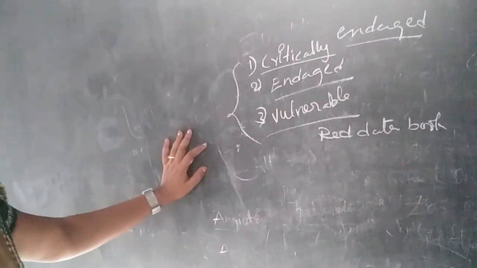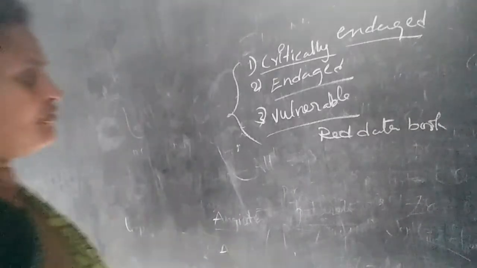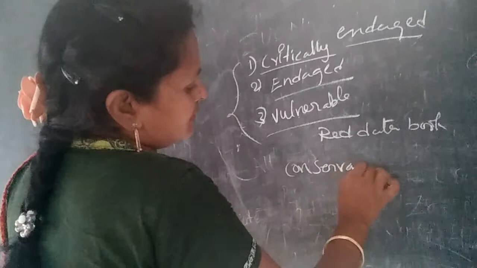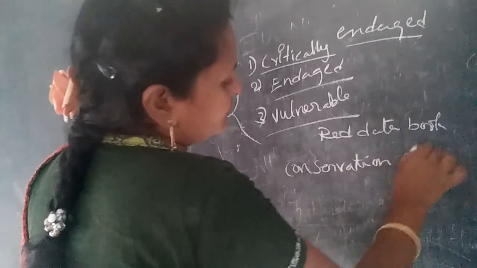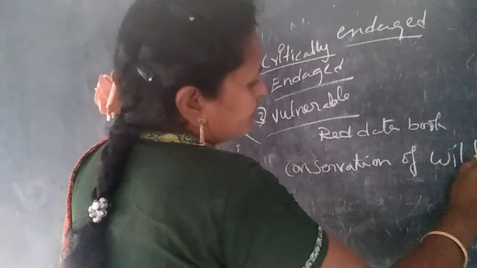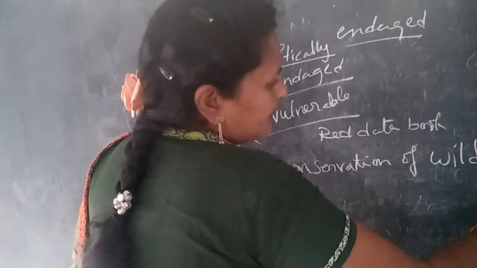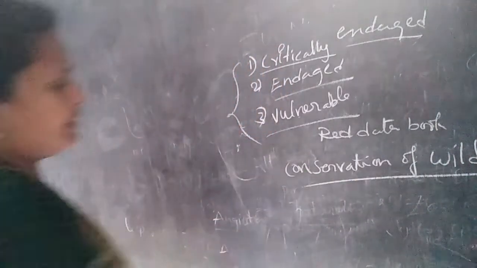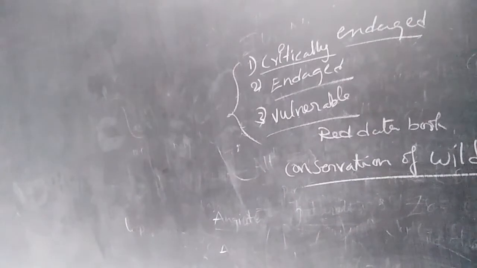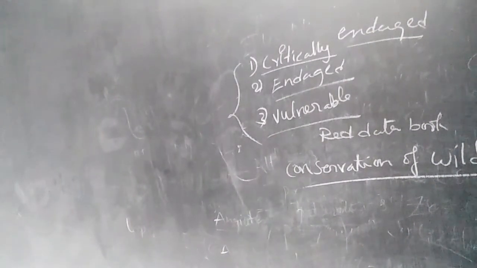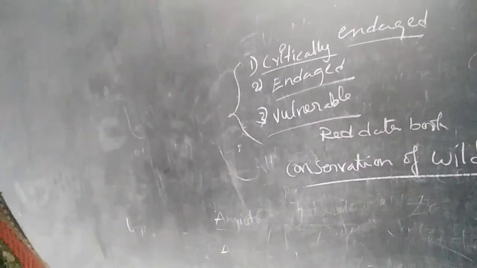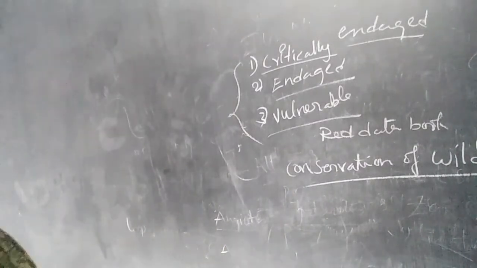And next, conservation of wildlife in India. The conservation of wildlife in India has mainly 3 types.